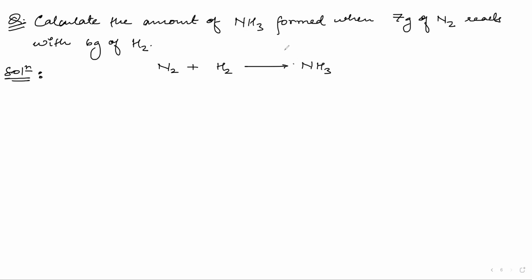Okay, so balance it. Then you will tell me the answer directly, the amount of NH3 that is formed. But before that, you will tell me the number of moles of nitrogen and the number of moles of hydrogen. Then you will tell me the limiting reagent. And after you have determined the limiting reagent, you will tell me the amount of product formed. Step by step, you will be reporting to me.